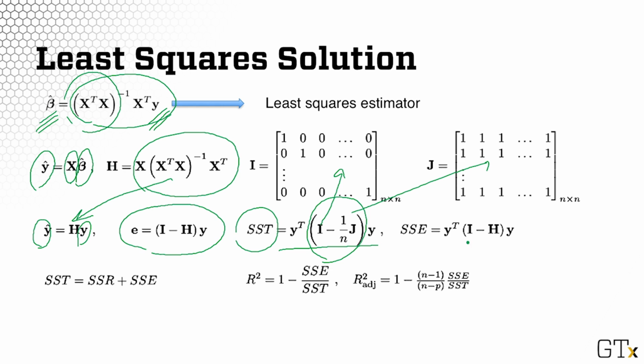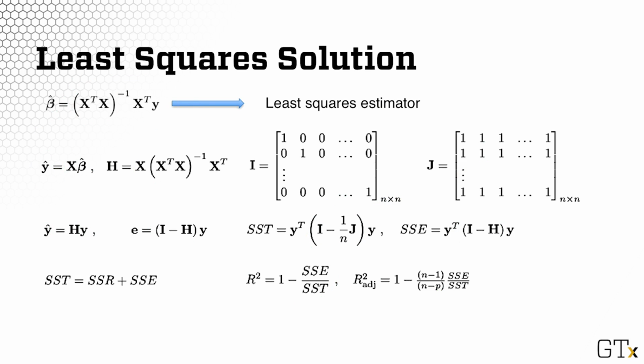SSE is, again, a quadratic form involving y and I minus H. Once you have SST and SSE, then you get R square for this regression, or in this case adjusted R square, which is penalizing for the number of different parameters. This is essentially the classical approach to multiple regression, involving least squares estimation.